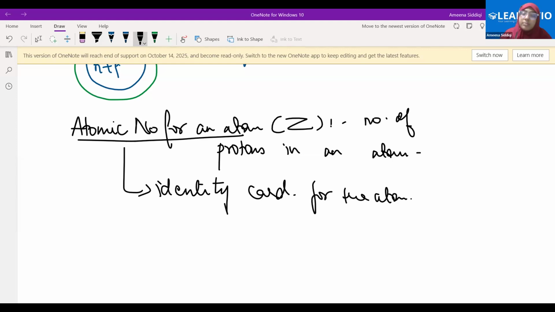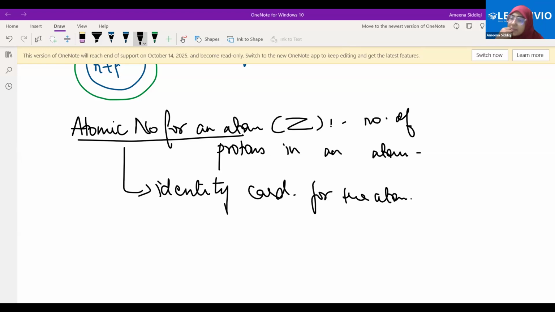Therefore, can you tell me, Bethel, in case of elements, will all the atoms have the same atomic number? No. Why? I'm asking in case of elements, let's suppose we are taking one element.